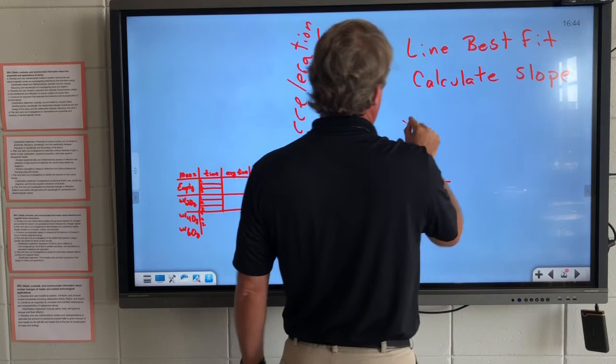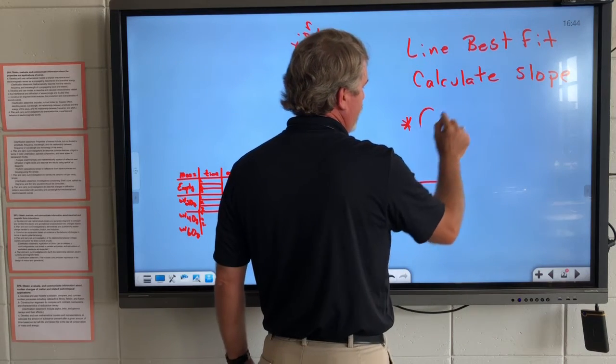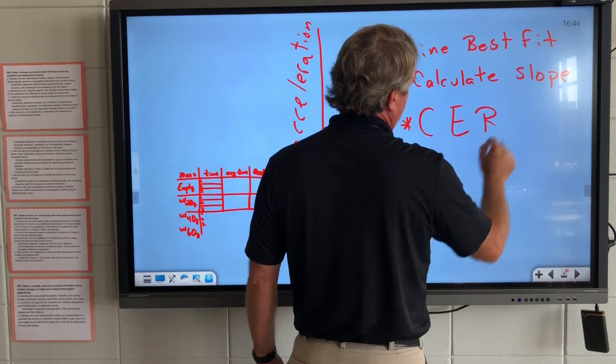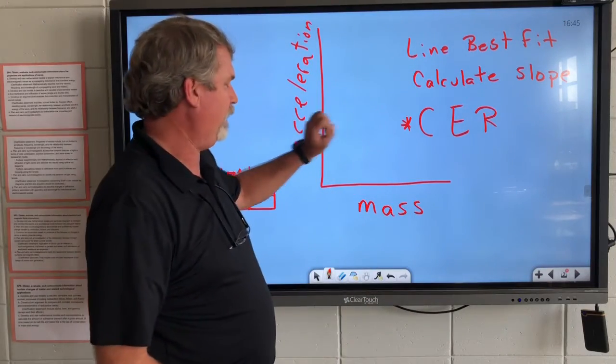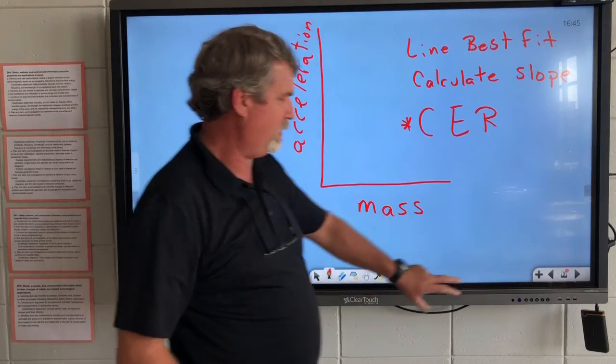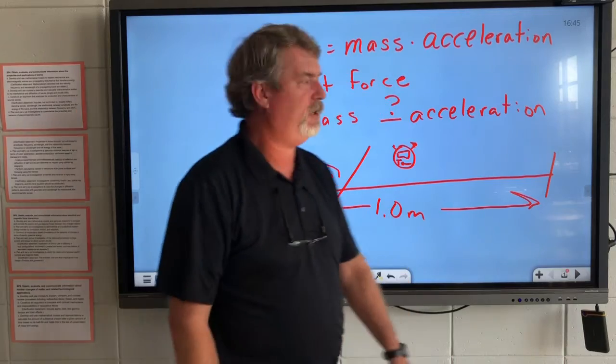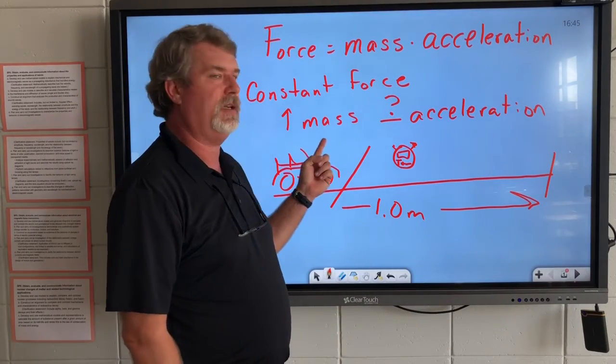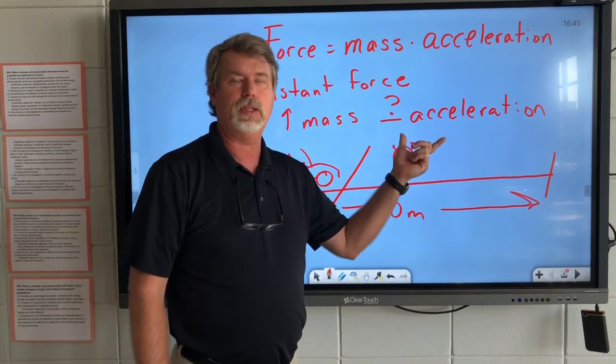The last thing you want to do is a CER based on what your graph and your data says. Your claim, evidence, reasoning should refer back to this question: if I increase the mass, what happens to the acceleration?